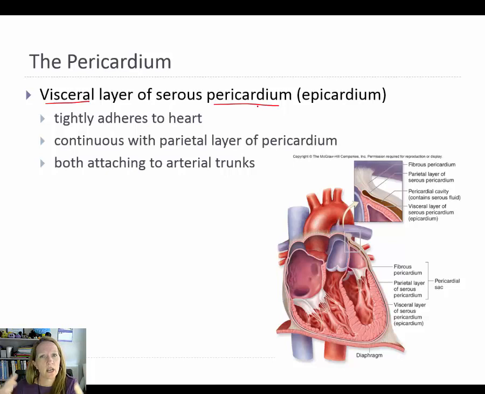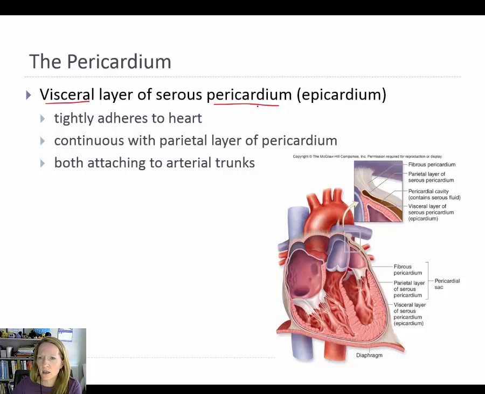It lies directly on top of the heart, so it tightly adheres to the heart, and it's also known as the epicardium. When we get into the wall layers of the heart, we will come back to this visceral pericardium or epicardium. These are going to attach to the arterial trunks. So that is basically it for the pericardium.